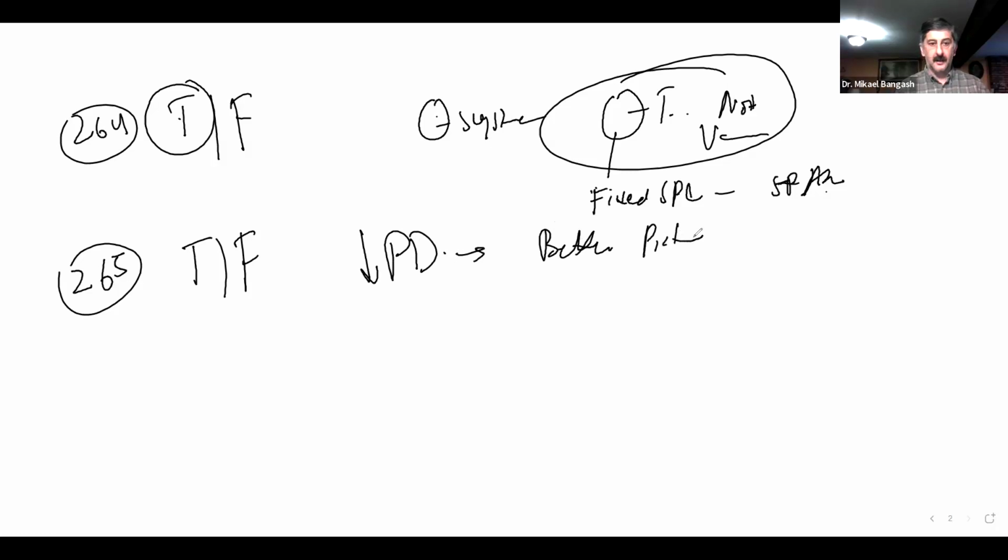Now, guys, if you get a question like this, the test should probably have said better axial resolution. For a better axial resolution, what do we need? We need a shorter spatial pulse length.